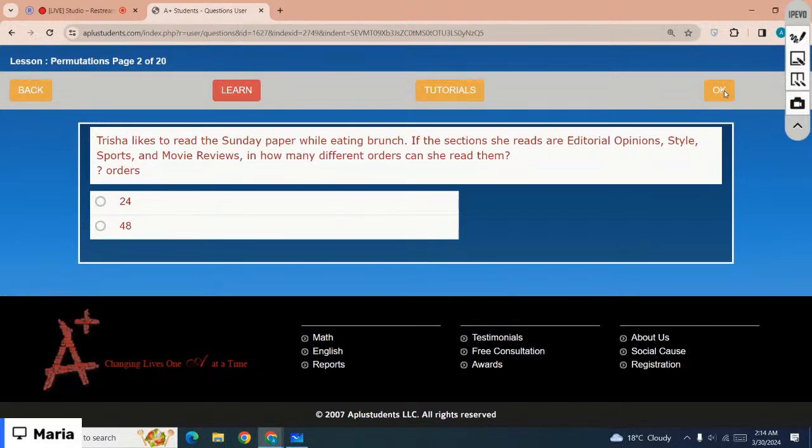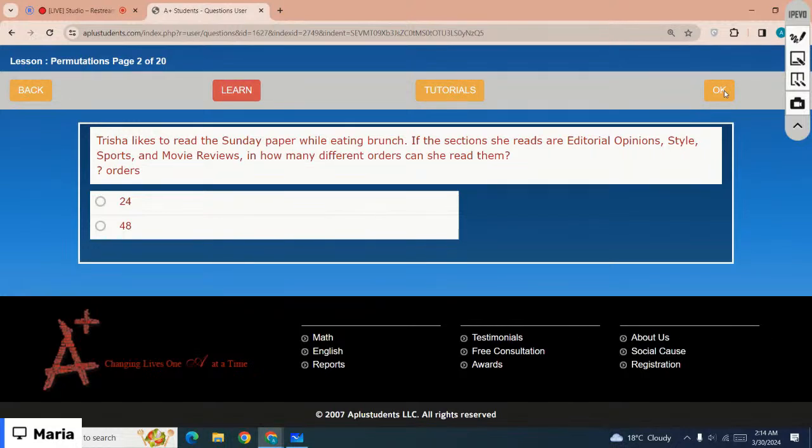Trisha likes to read the Sunday paper while eating brunch. If the sections she reads are editorial opinion, style, sports, and movie reviews, in how many different orders can she read them, right? So she can read a total of 4 sections. The first one is editorial opinions, the second one style, then sports, and the movie reviews, right? So that means she can read in 4 factorial different orders. So simply evaluate 4 factorial.